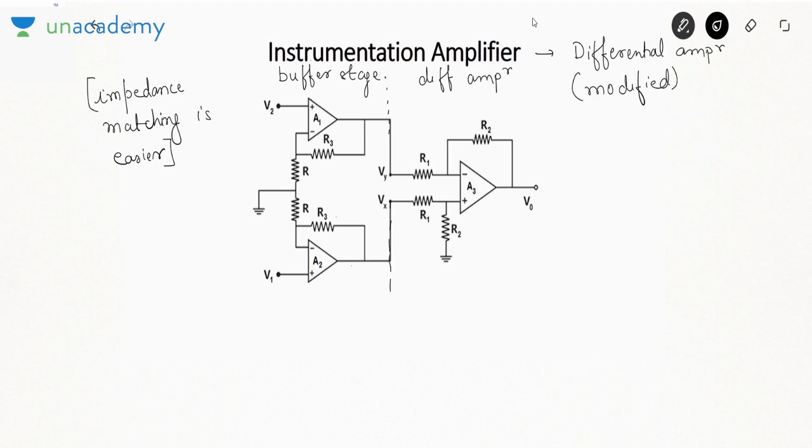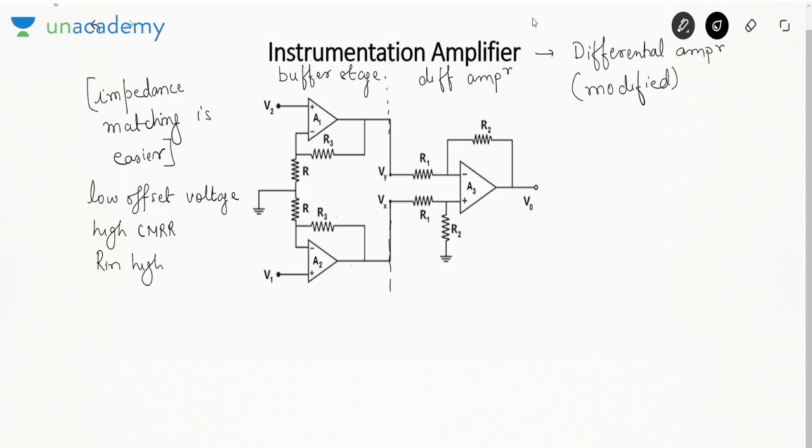Okay. So what are the advantages of instrumentation amplifier? It has low offset voltage as compared to differential amplifier, high CMRR, higher than your differential amplifier, high input resistance and high gain.